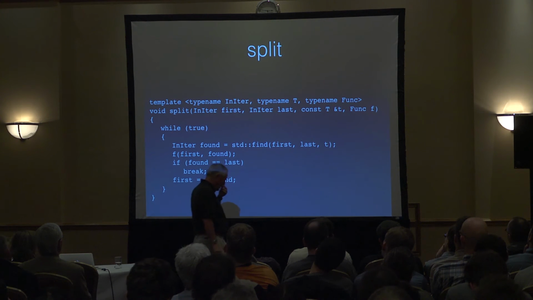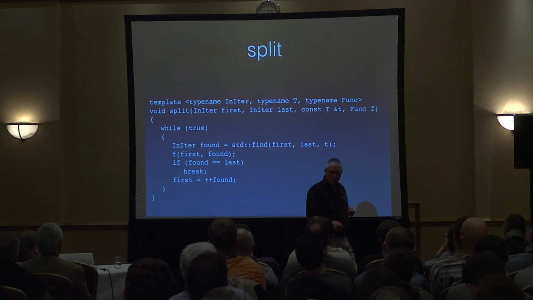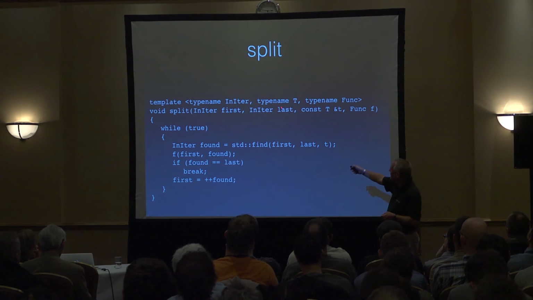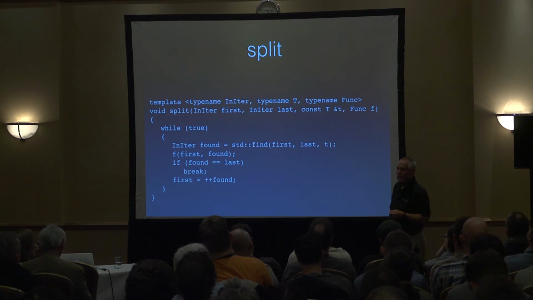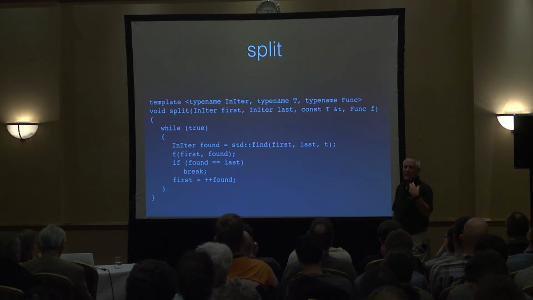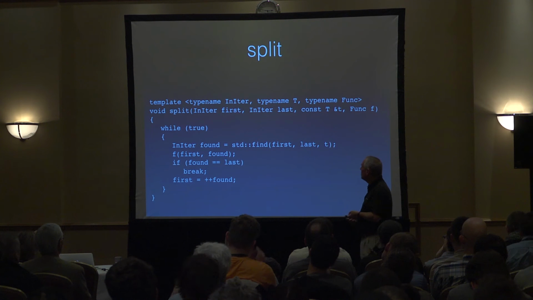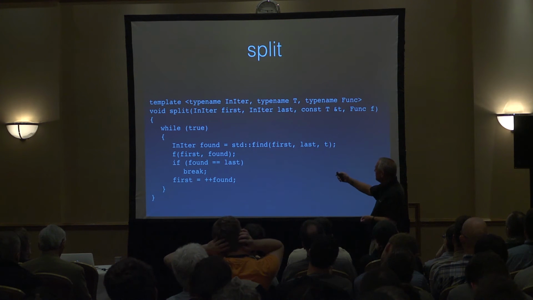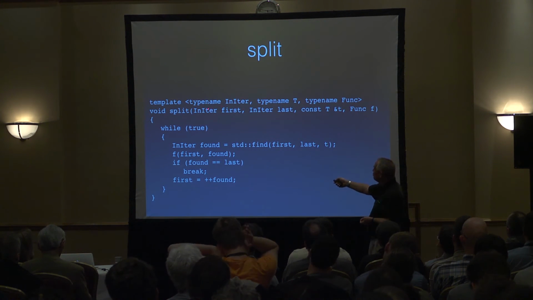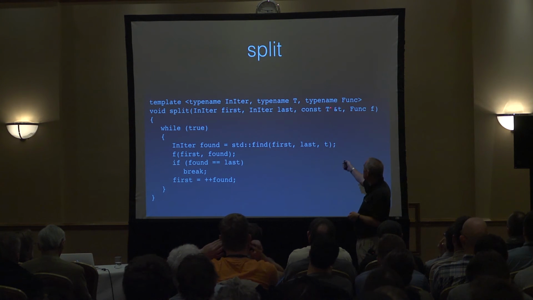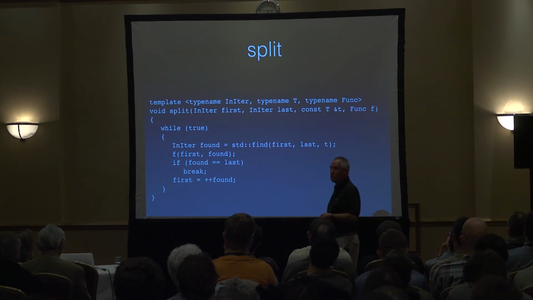Somebody asked me while I was preparing this talk, shouldn't T here be some kind of thing like that? And the answer is, well, they have to be related. They don't have to be the same. They have to be comparable. For example, if you have a sequence of integers that you're looking to split, and you happen to pass something here that's a long, that's fine.